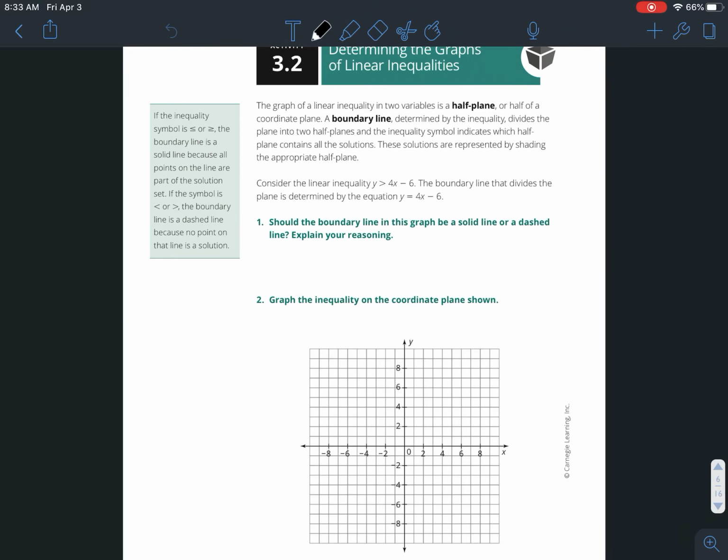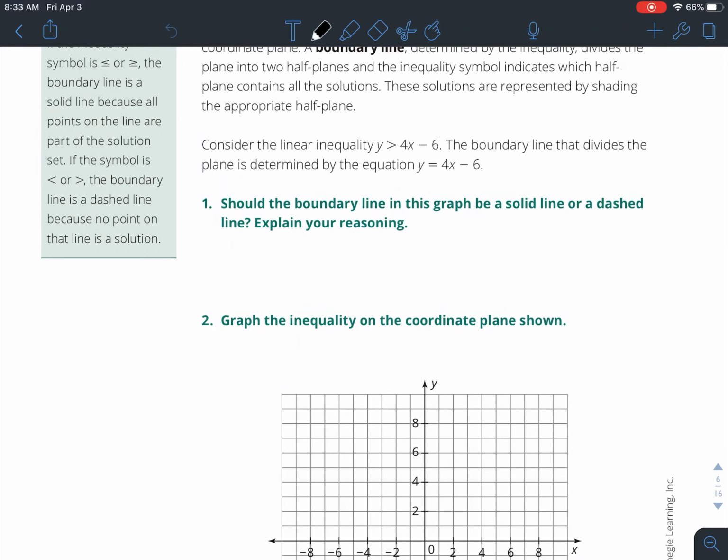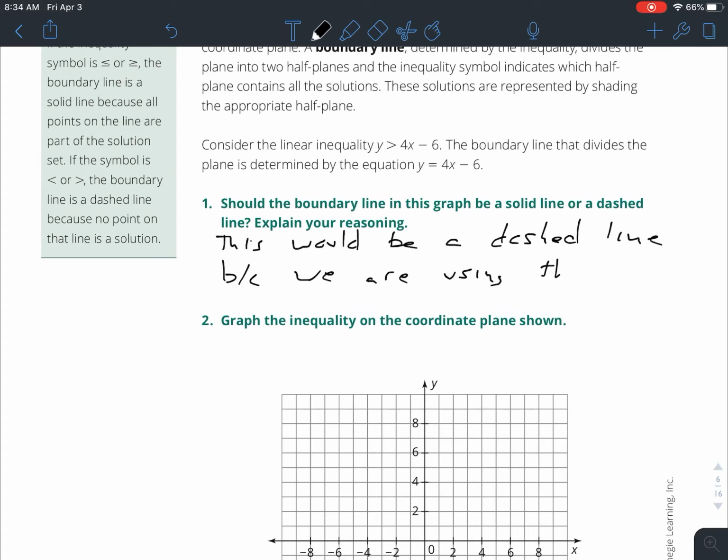we would just say this would be a dashed line because we are using this symbol, and I'm going to put y, we're just going to put the symbol like that.